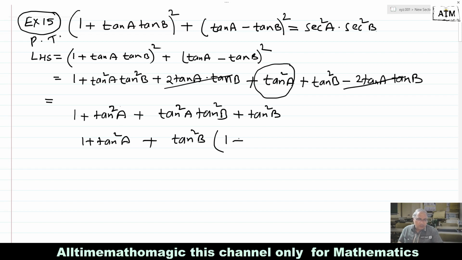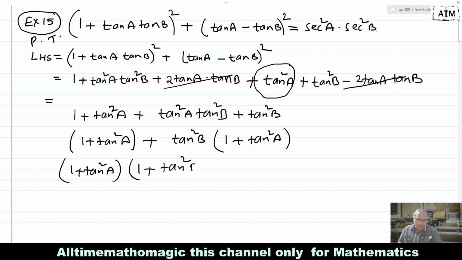So it is 1 plus tan square A. Now we can take 1 plus tan square A common. So we get here 1 plus tan square B.